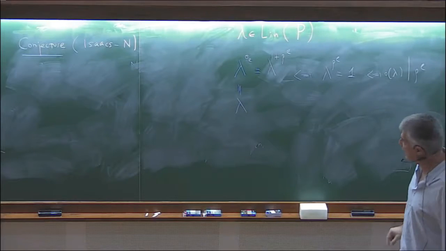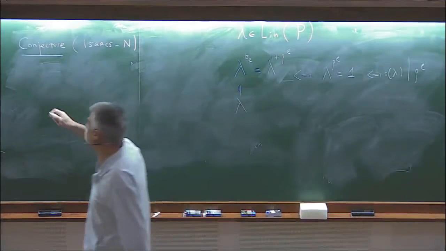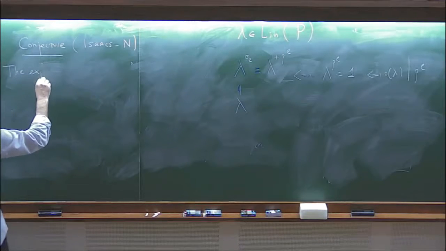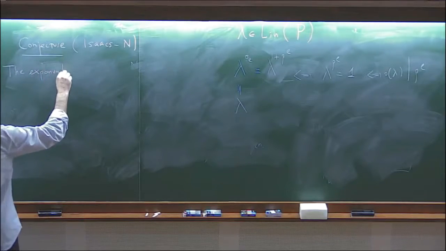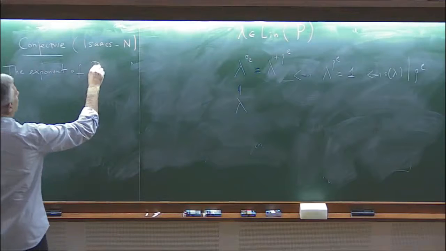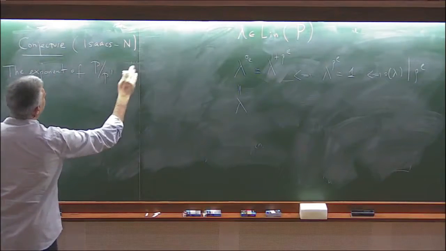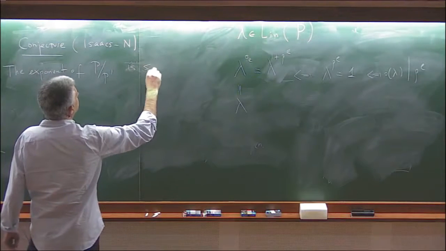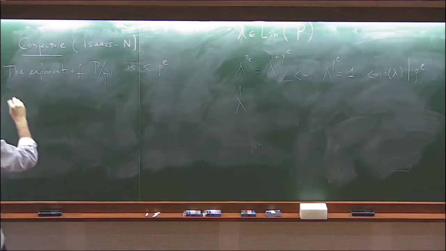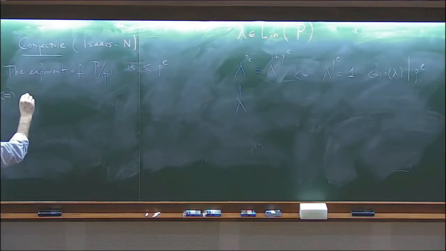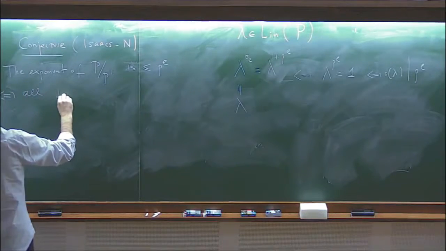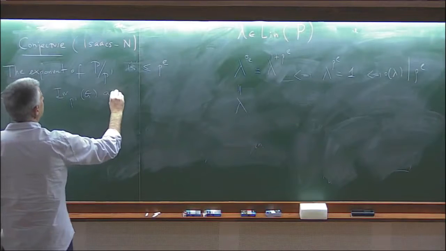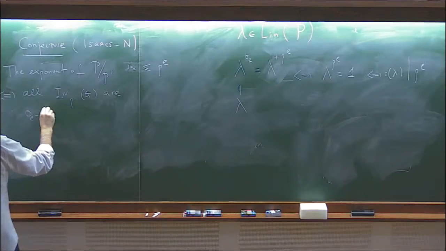Our conjecture says that the exponent of P mod P prime is less than or equal to P to the E if and only if all characters of P prime degree are sigma E fixed.